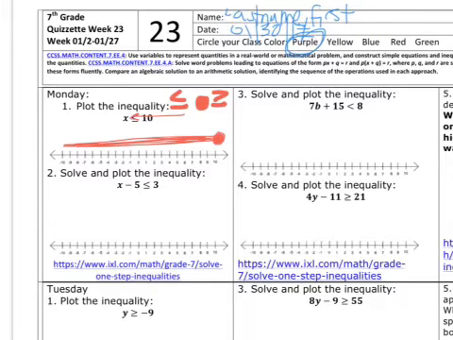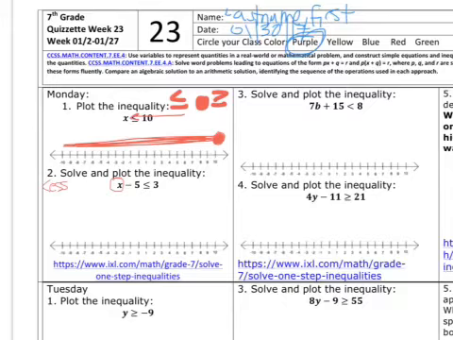Now number 2. Number 2 says x minus 5 is less than or equal to 3. So remember, less than or equal to 3. I'm going to isolate my variable by circling it.